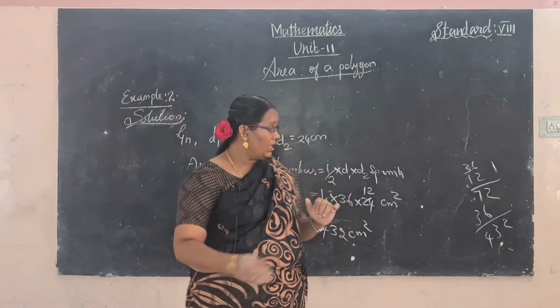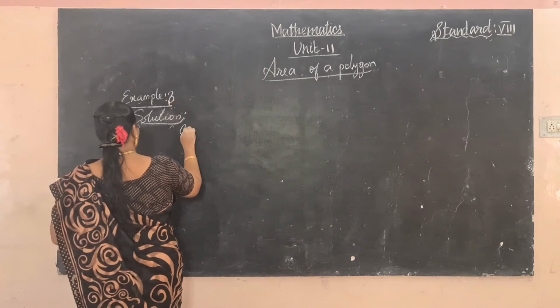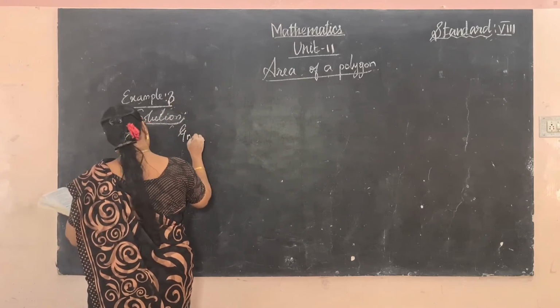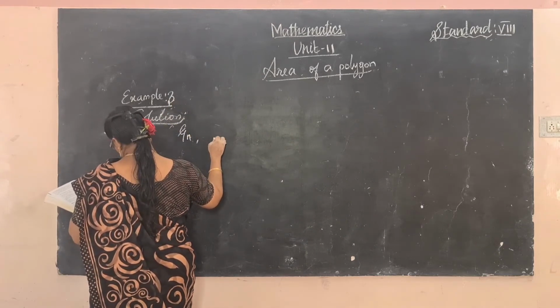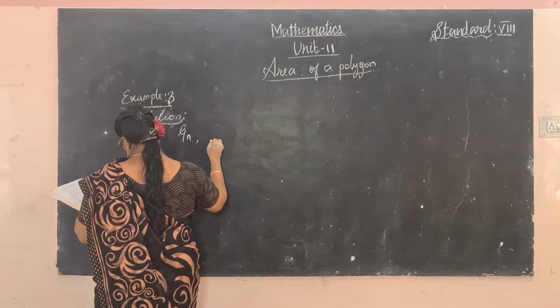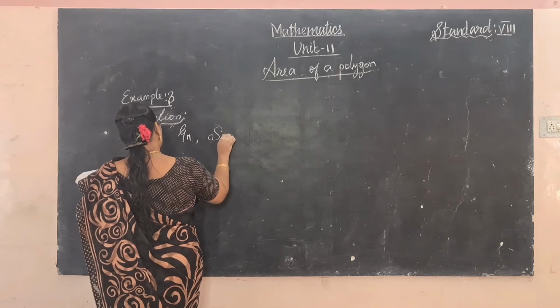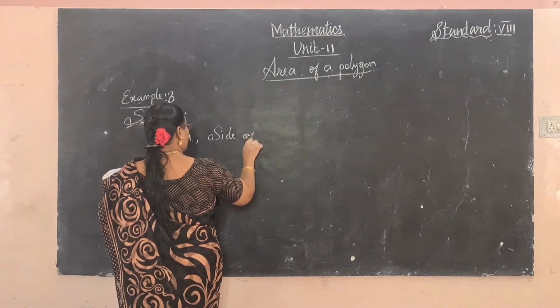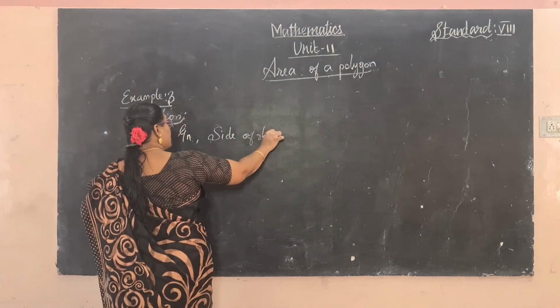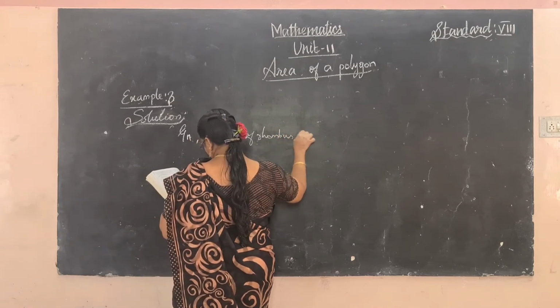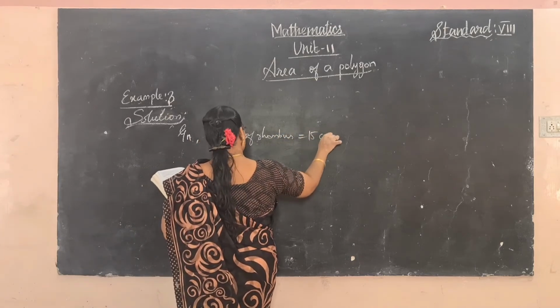Okay, see third one, given: side of the rhombus is equal to 15 centimeter.